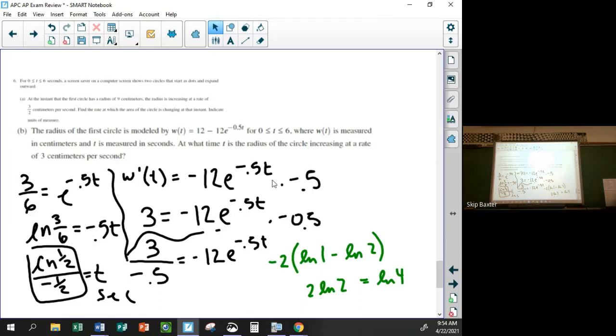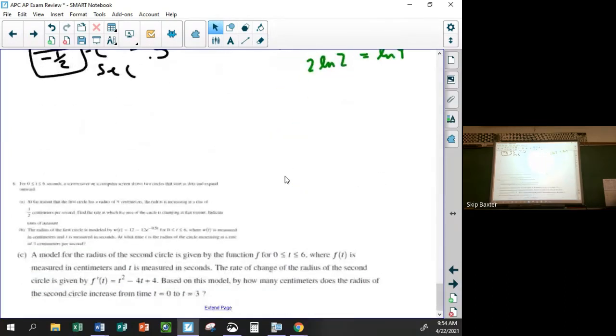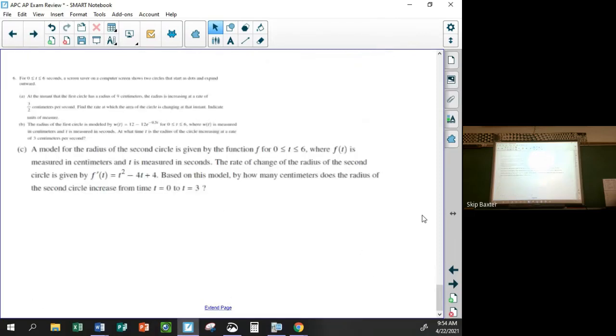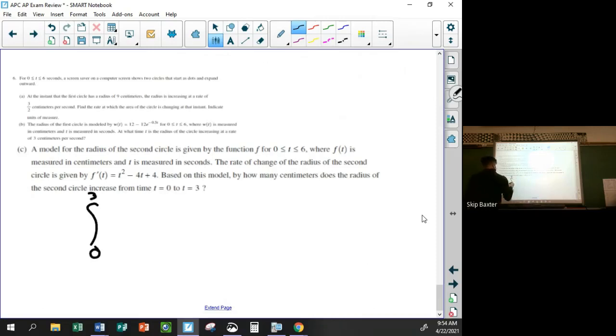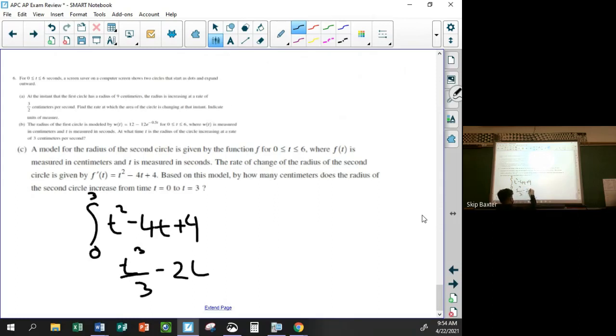I copied and pasted parts A and B. So you can, it's tiny though, but you can kind of see what the stem of the question was in case it requires you to know it. You're going to scroll down and give you some more room.